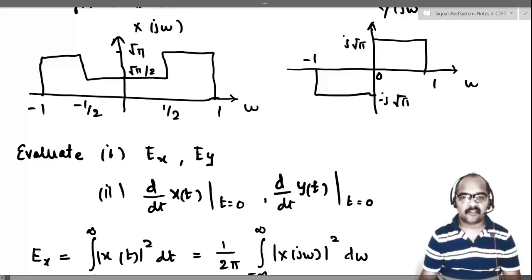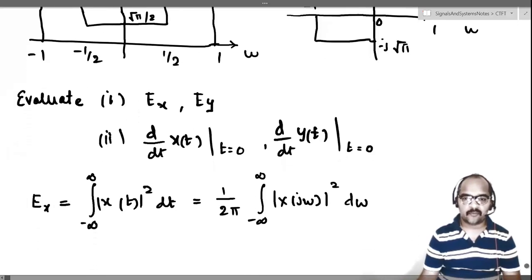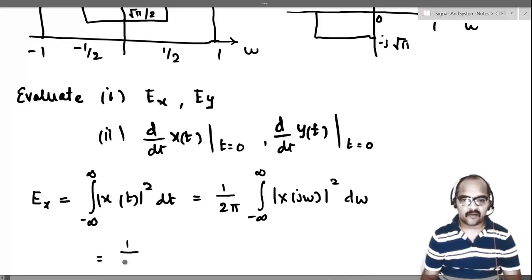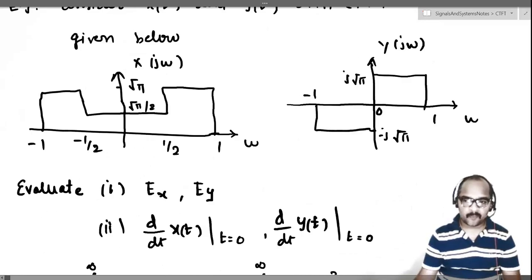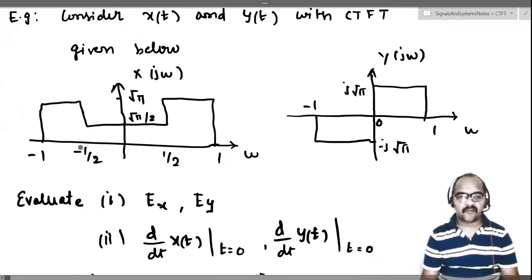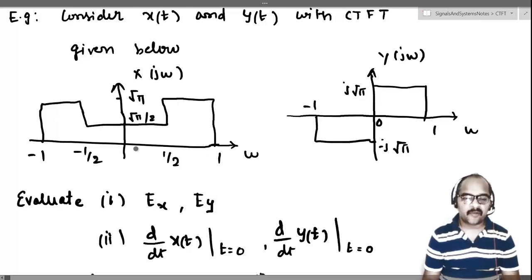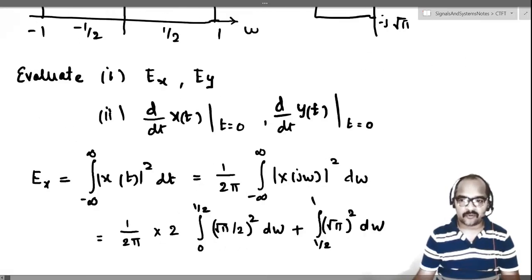And because this is an even function, this integral would be equal to 1 by 2 pi multiplied with 2 times integral 0 to half root pi by 2 whole square d omega plus integral half to 1 root pi whole square d omega, correct? Because this is an even function, actually we should integrate from -1 to +1, but it is enough that you integrate from 0 to 1 and multiply with 2. That is what we have done here.